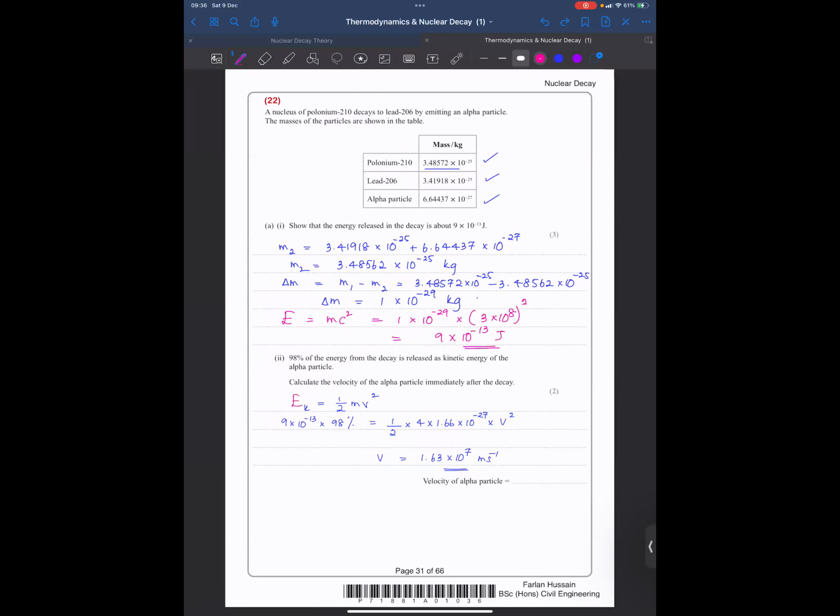Now polonium is decaying into lead and alpha particle, no. So won't lead have any kinetic energy? It also can have a small kinetic energy, right? So you can write about it.